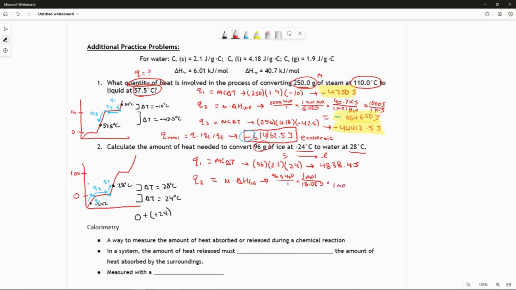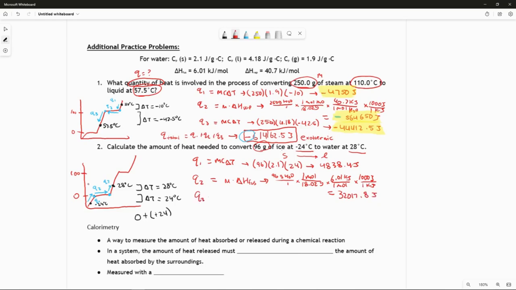And then for every 1 mole of water, we know that you got to use the conversion factor, the delta H fusion, which is 6.01 kilojoules per mole. And we convert lastly to joules. We know there are 1,000 joules in 1 kilojoule. And we can solve this now by making sure that we multiply all the numbers on top, 96, 6.01, and 1,000, and then dividing by everything on the bottom. When we do that, we should get 32,017.8 joules.